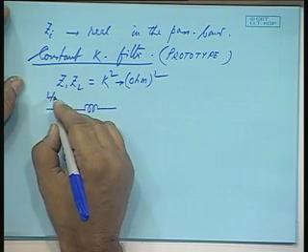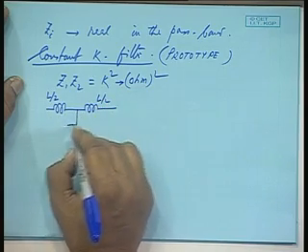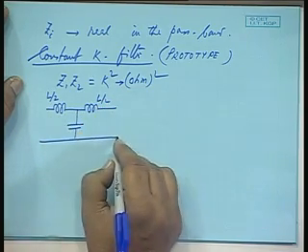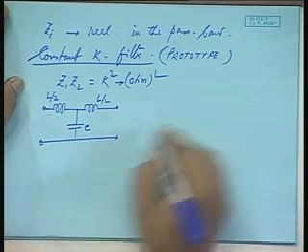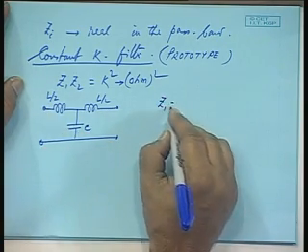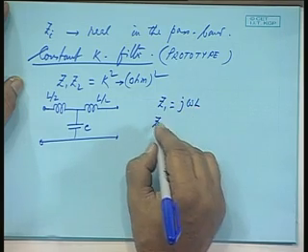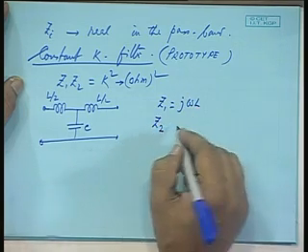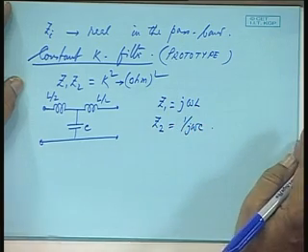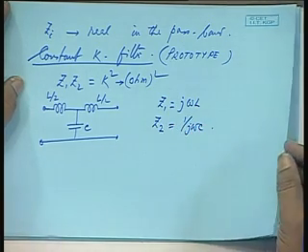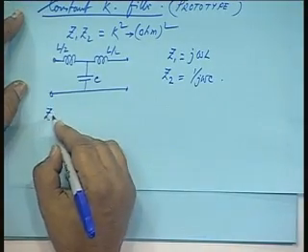Let us take an inductance L by 2 and L by 2 and a capacitance C. That is Z1 is equal to j omega L and Z2 is equal to 1 by j omega C. Okay. Then what will be Z1 Z2?